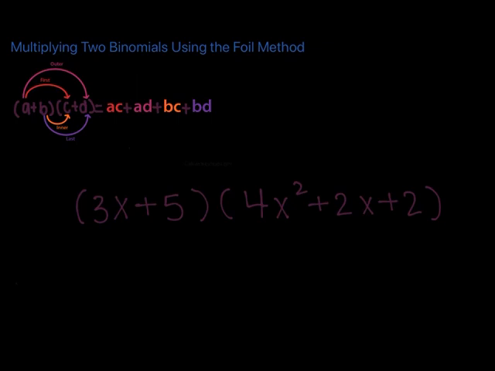One issue with the FOIL method is that it cannot always be used to multiply two sets of parentheses. Say, for example, this problem we have below.